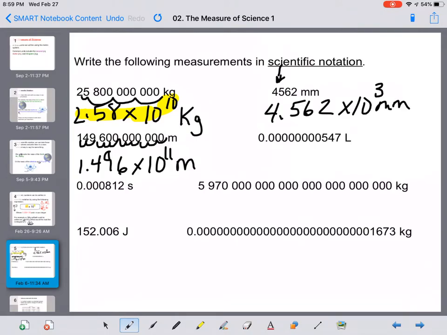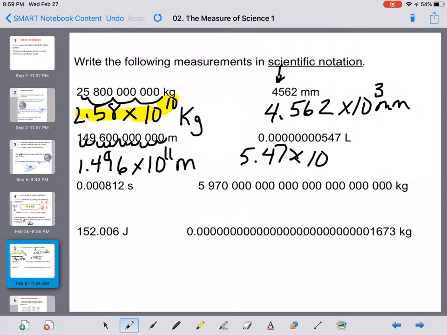Now the next one is getting smaller, so the number is less than 1. In this case, I need to start where my decimal is, and I have to get between the 5 and the 4. So I have to count how many decimal jumps I'm moving to get between the 5 and the 4. So I'd have 5.47 times 10 to the 1, 2, 3, 4, 5, 6, 7, 8, 9.